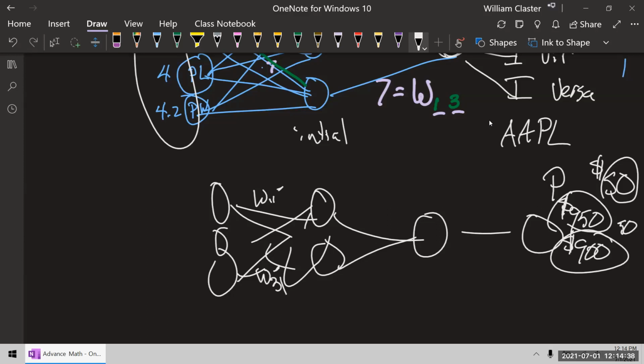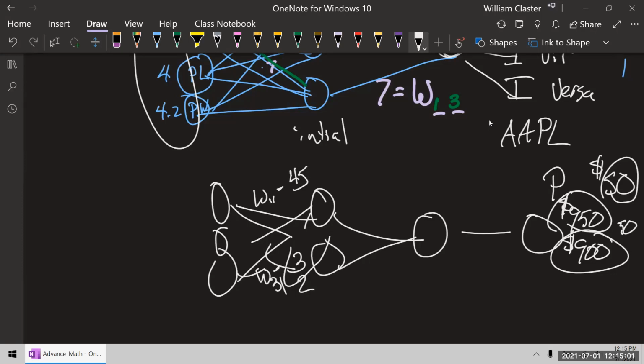There are many different possibilities, right? I could change this one by 4 and this one by 3, and maybe that would give 900, but I could change this one by 5 and this one to 2, and maybe that would also give 900, right? So there are so many different choices for how I could change the weights to get the 900.